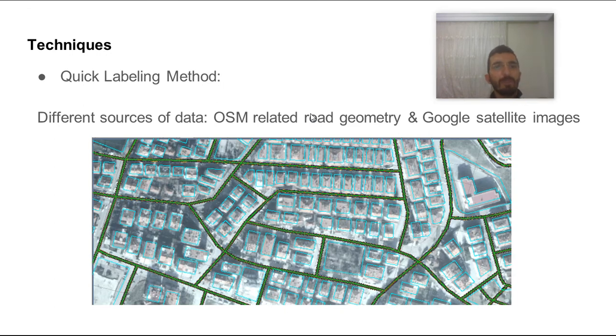Quick labeling method continued. We use two different sources of data, where OpenStreetMap related road geometry is rendered onto Google's satellite images. Having an accurate alignment of the two sources is critical for the proposed method.